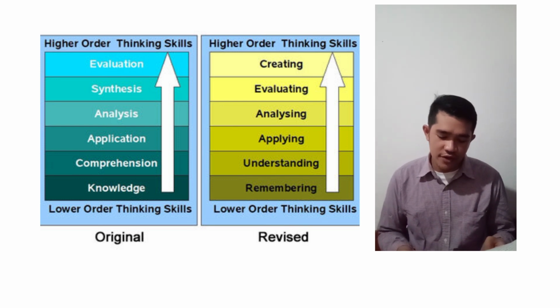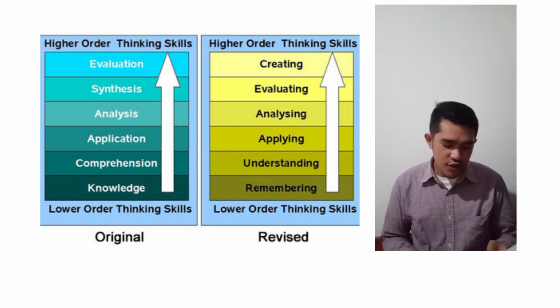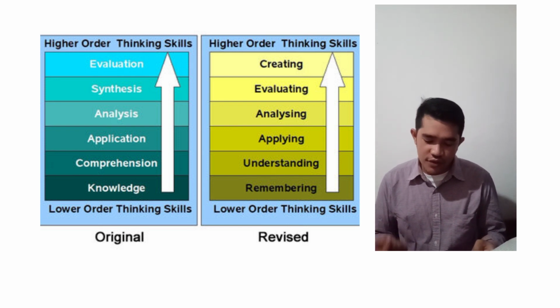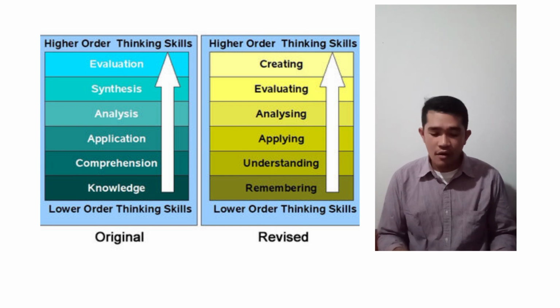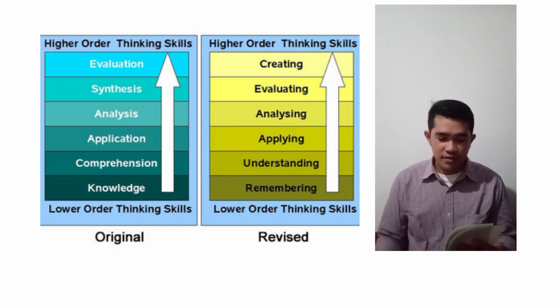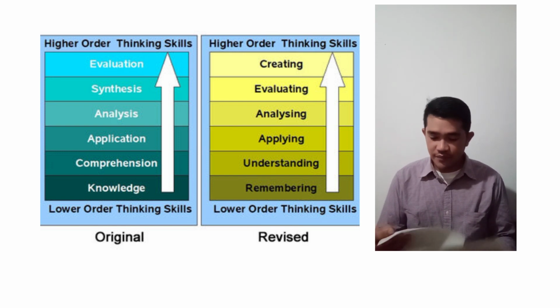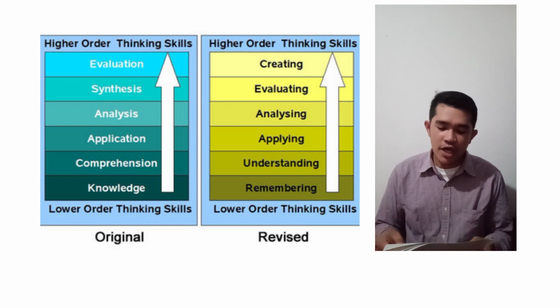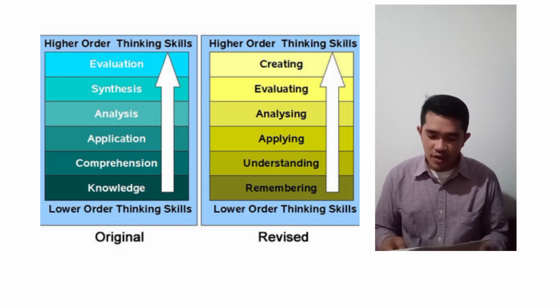You can also have an objective starting with state. If your subject is political science, you can use state the preamble of the Philippine Constitution. They will be able to meet the taxonomy knowledge.